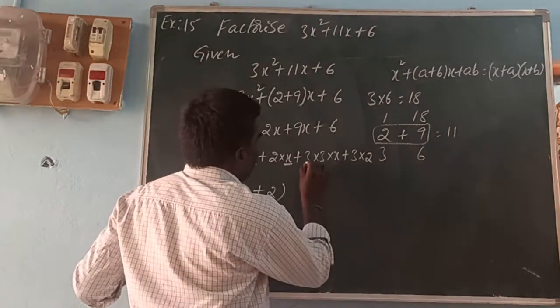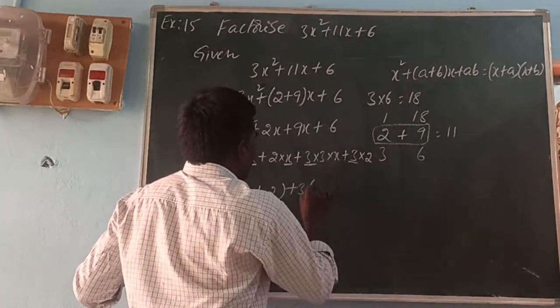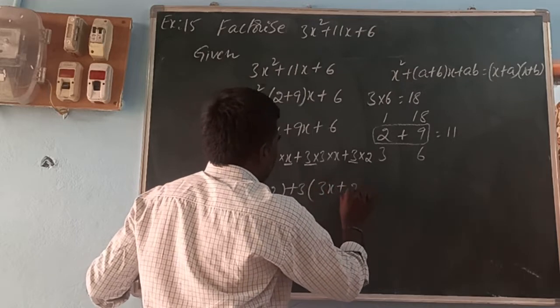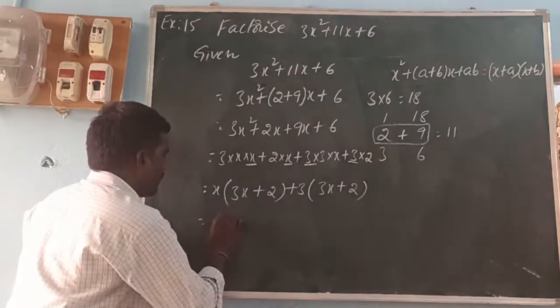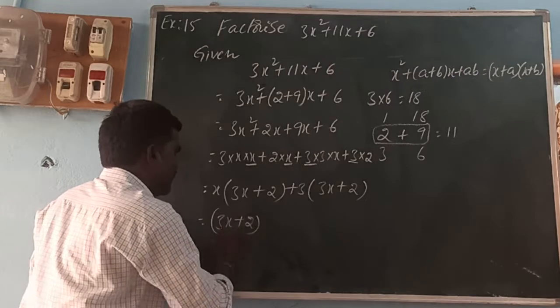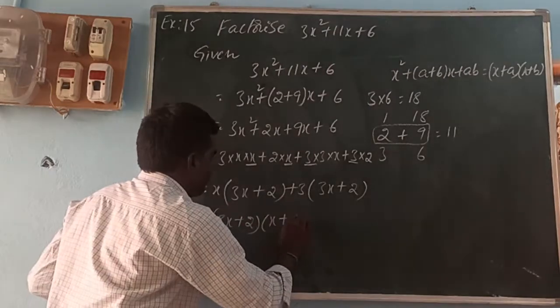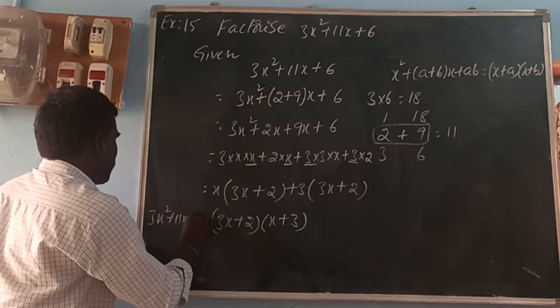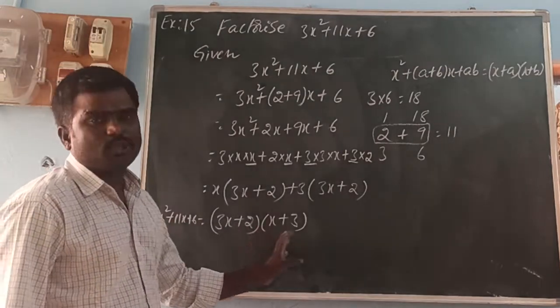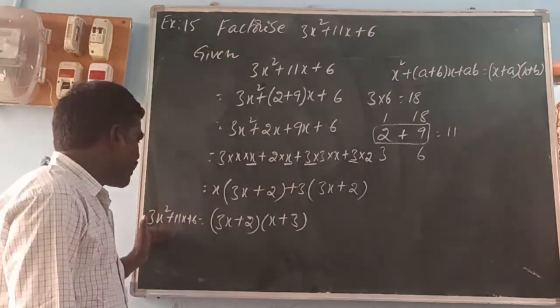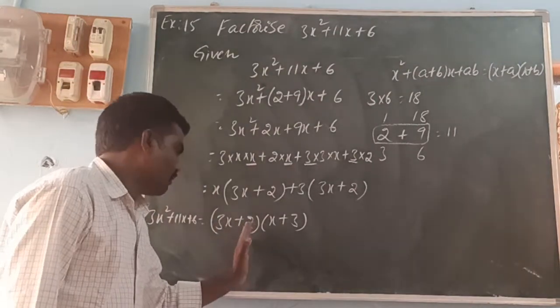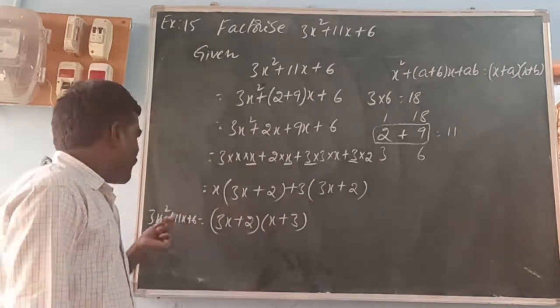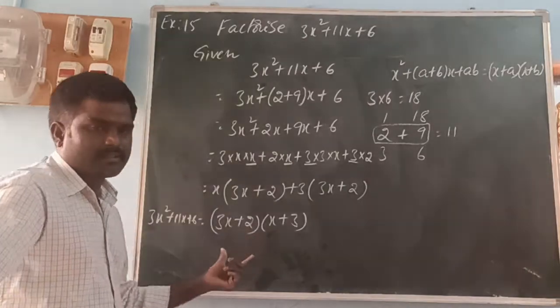In these 2, what is common? 3. So 3 is taken outside. What remains? 3x plus 2. So in total, what is common? 3x plus 2 is common. So what remains? x plus 3. So the factorization of 3x square plus 11x plus 6 is 3x plus 2 into x plus 3. So this polynomial is a multiple of 3x plus 2 and x plus 3. For this polynomial, these two are factors.